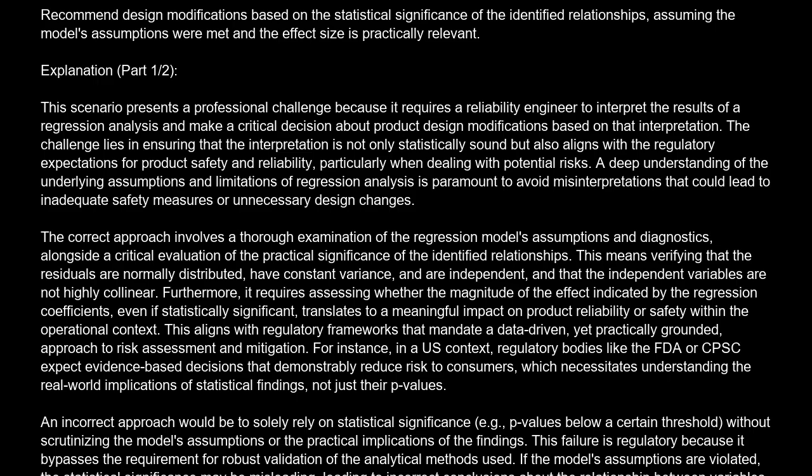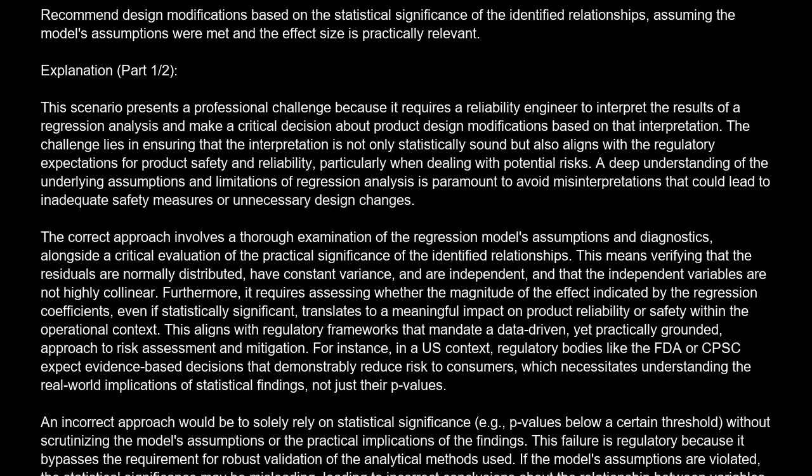This means verifying that the residuals are normally distributed, have constant variance, and are independent, and that the independent variables are not highly collinear. Furthermore, it requires assessing whether the magnitude of the effect indicated by the regression coefficients, even if statistically significant, translates to a meaningful impact on product reliability or safety within the operational context.